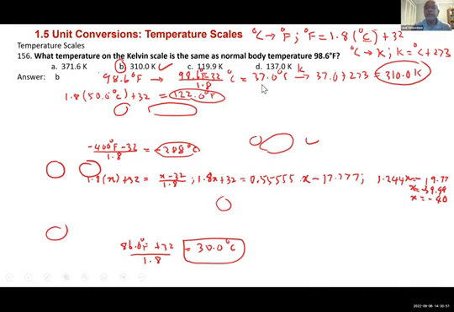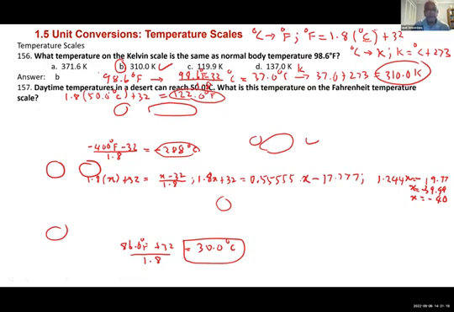So you get 37.0. That's body temperature in Celsius. Celsius converted to Kelvin, you add 273, so the answer is 310 Kelvin. Here, this number and that number are the same. Do you see that? So that's how you do Fahrenheit to Celsius, Celsius to Kelvin.